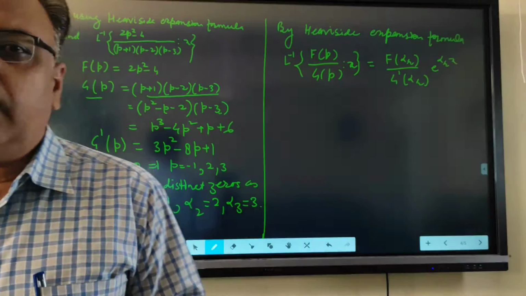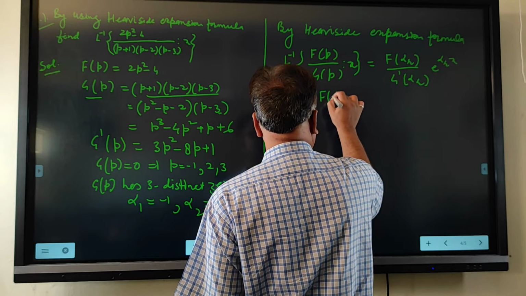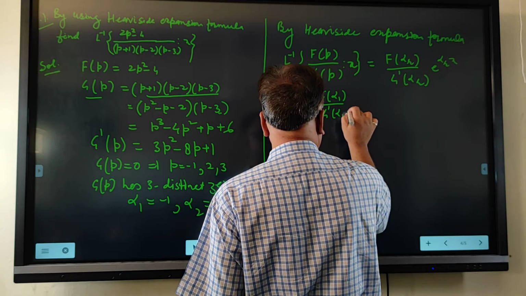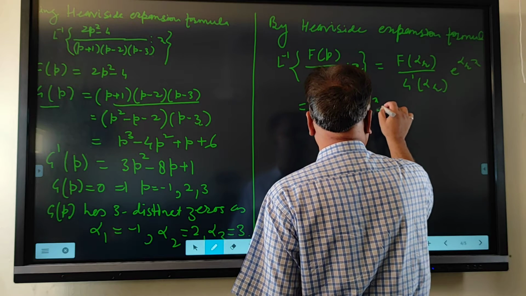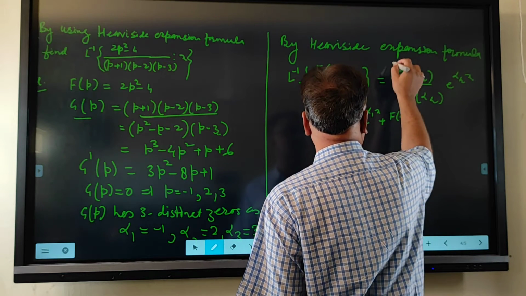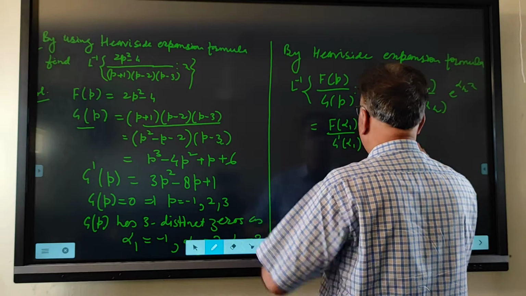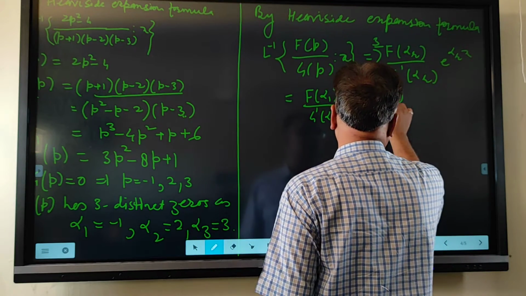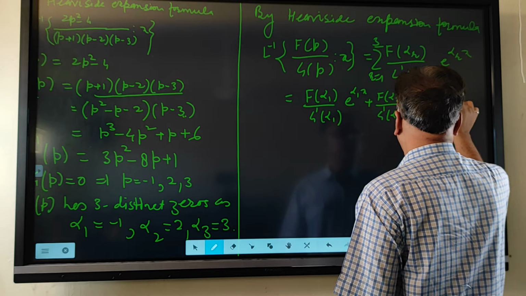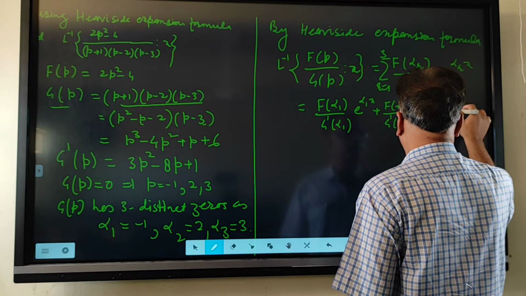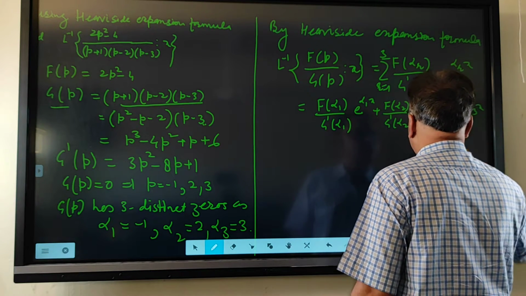Here there are three zeros of G(p), so we can write this as the summation for r = 1 to 3: F(α1) upon G'(α1) e^(α1 x) plus F(α2) upon G'(α2) e^(α2 x) plus F(α3) upon G'(α3) e^(α3 x).